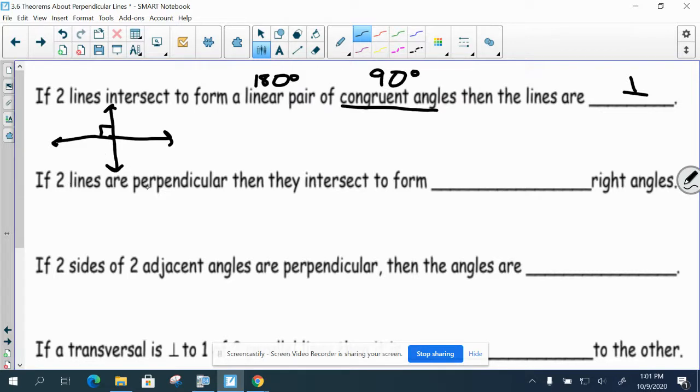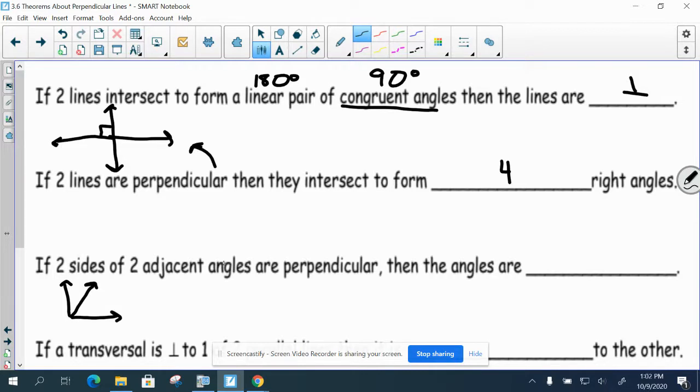If two lines are perpendicular, then they intersect to form 4 right angles. And that can be shown in this diagram here. And then if two sides of two adjacent angles are perpendicular, so if you have a side of an angle, and then you have another side of an angle that is adjacent with this angle, so they share this common side here.